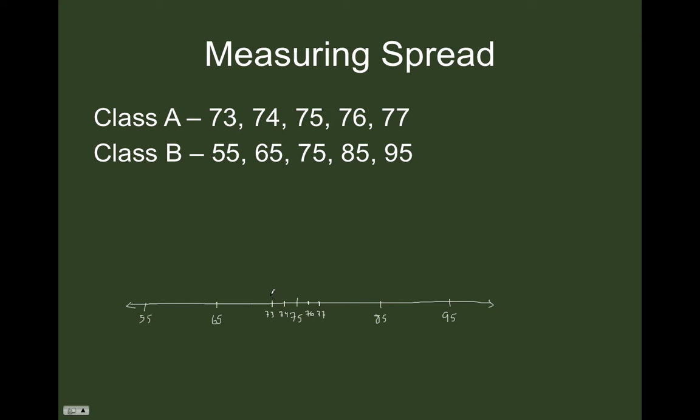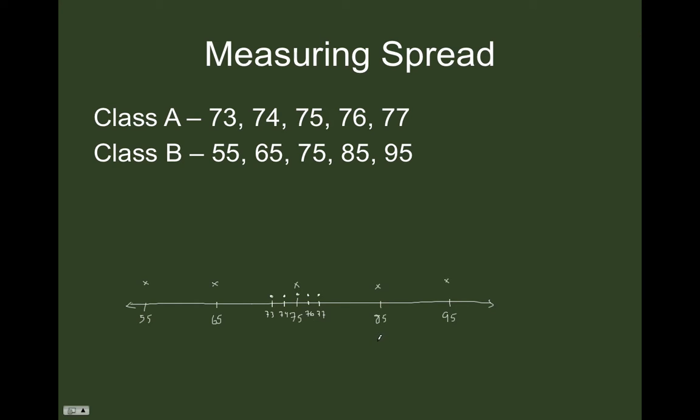If I were to put some markers here, some dots, say, to graph Class A scores, and I'll use X's for Class B, then what we would see is that spatially, on the number line, Class A scores are grouped together much more than Class B's scores.